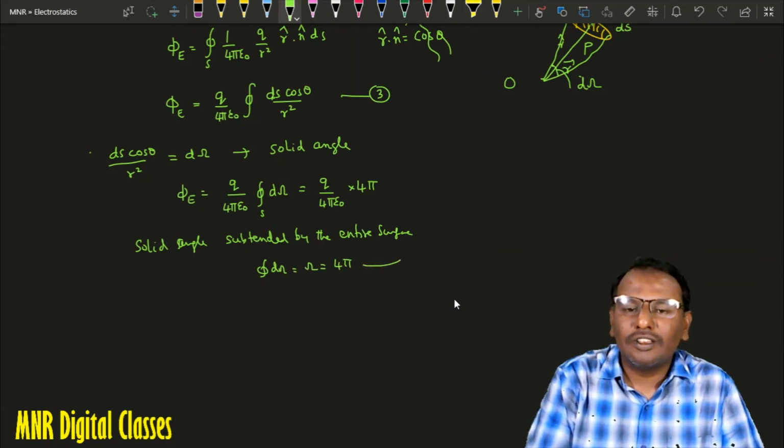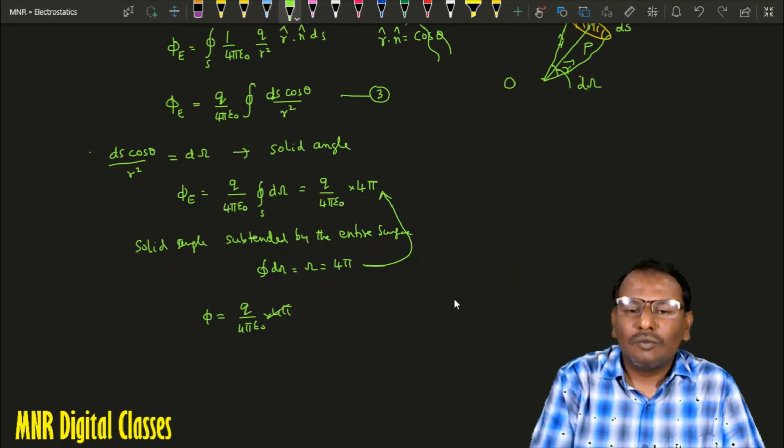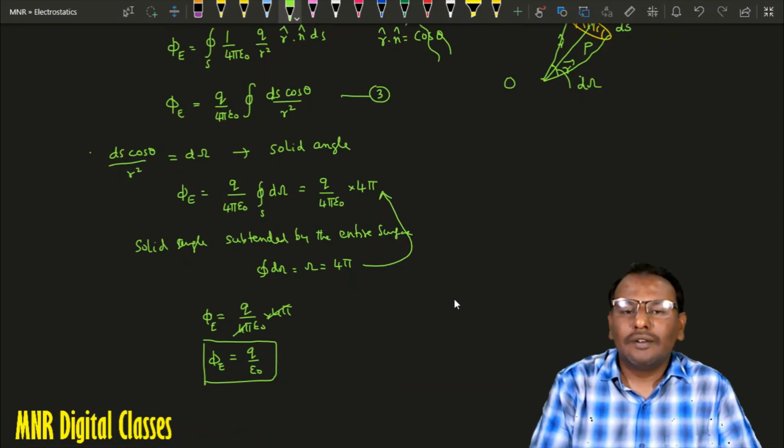So substituting this value here, we get the flux phi is equal to Q divided by 4 pi epsilon naught into 4 pi. 4 pi cancels. Therefore, the total normal electric flux is equal to Q divided by epsilon naught. This is the proof of Gauss theorem.